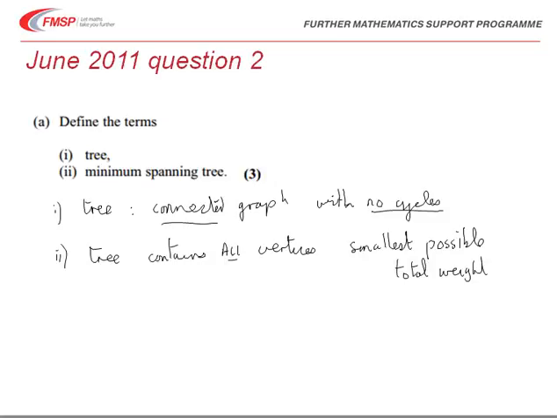So we need to get those terms into there. The first one being that all vertices and the smallest possible weight. The second thing which is being looked for. The marking then was to give B1 for the definition of a tree, and then 2 B marks for stating all vertices and smallest possible weight in the second part of the question.